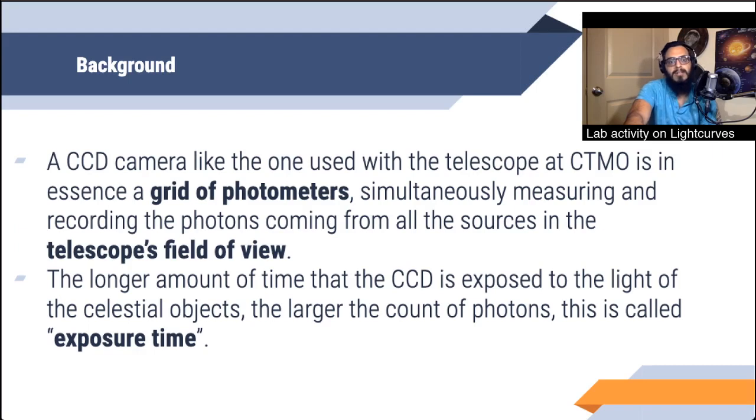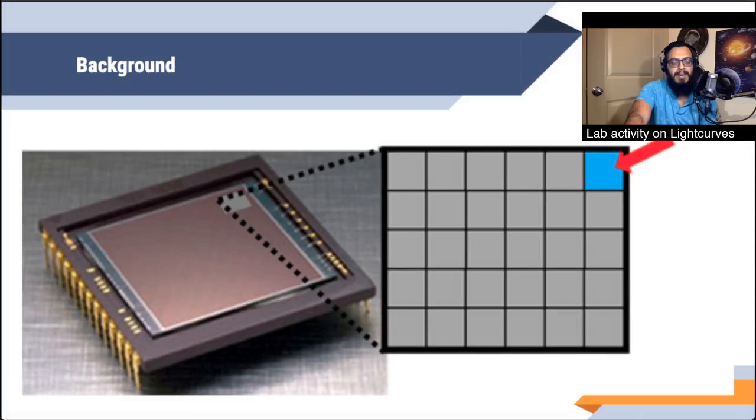The longer amount of time that the CCD is exposed to the light of the celestial objects, the larger the count of photons. This is called exposure time. So basically, we have this chip, and this chip is a collector of light. Each of these collectors, in this case they're highlighting one of them, is called a pixel.